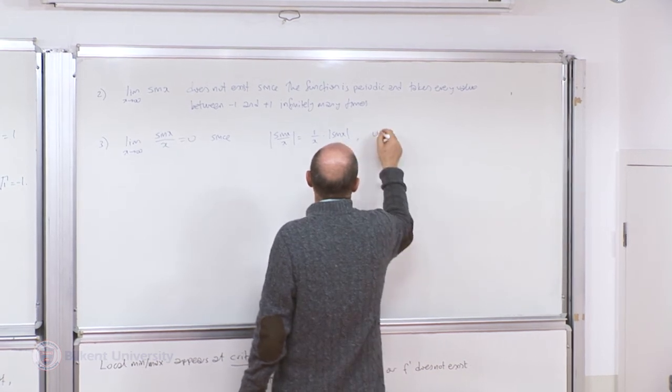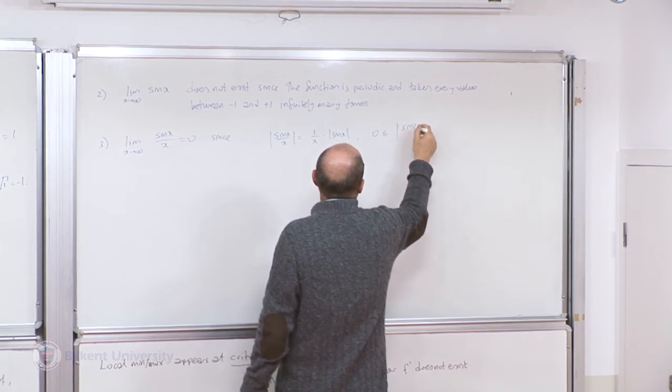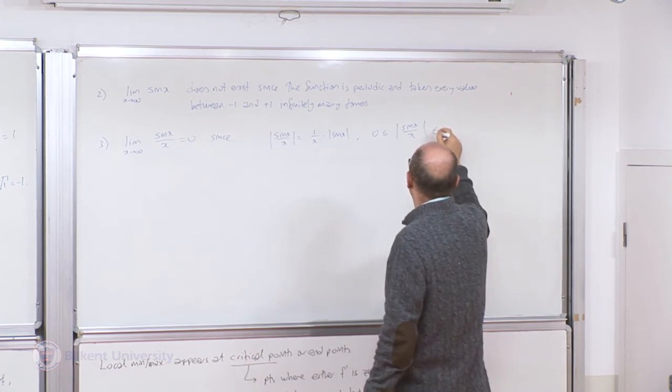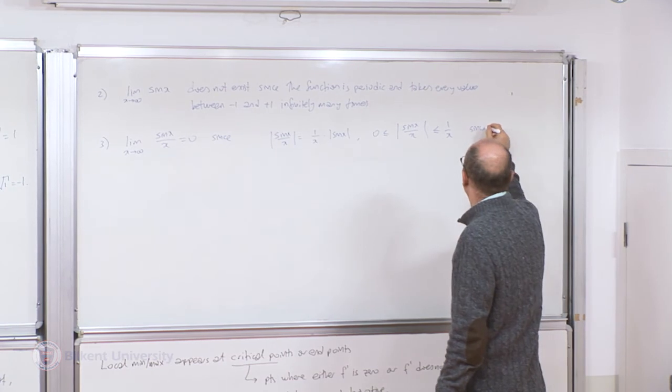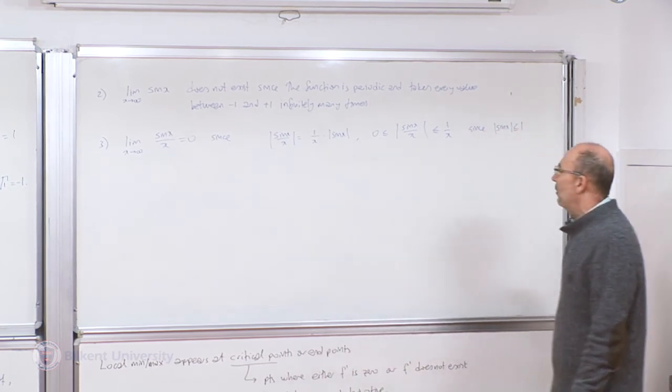Sine x is larger than 0 in absolute value. So sine x over x is less than or equal to 1 over x, since sine x can never be larger than 1.